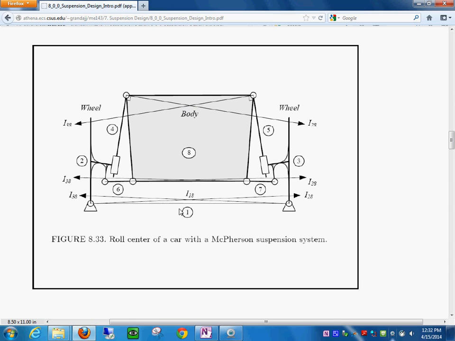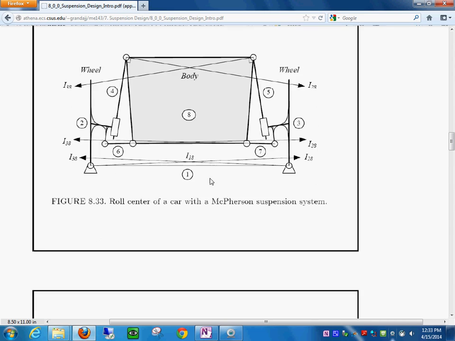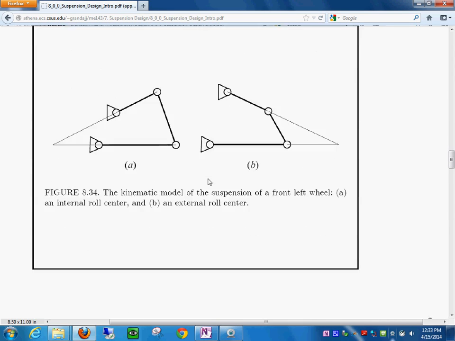So there are certain advantages to the 2D model to be able to determine where this roll center is. And other properties of suspensions can be analyzed in 2D.